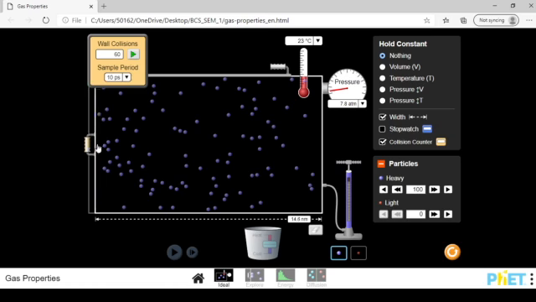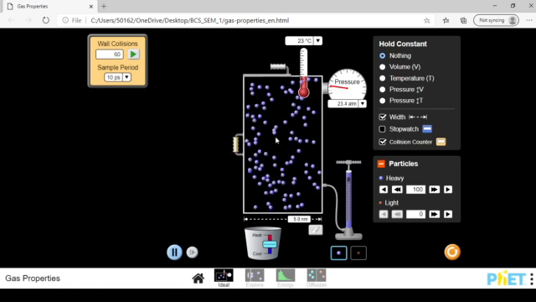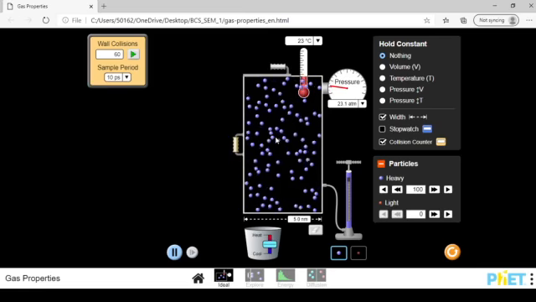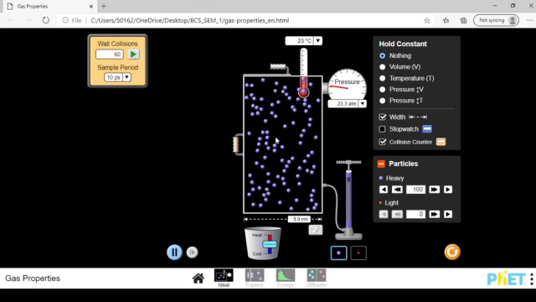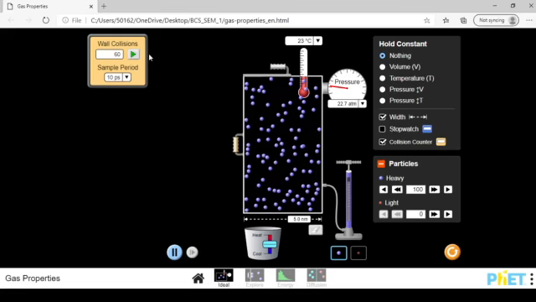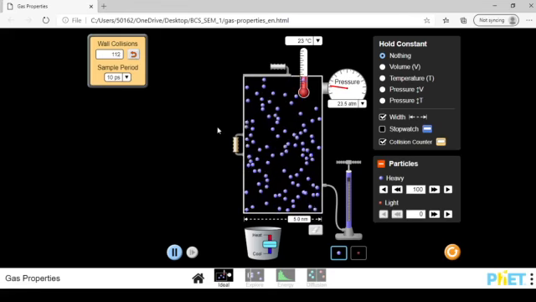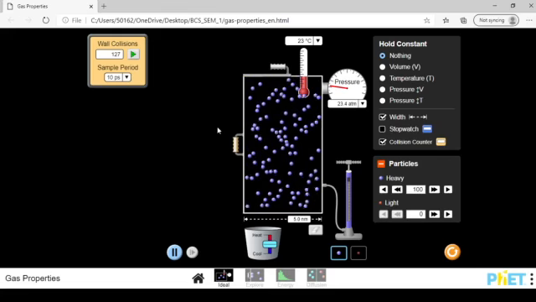Okay, what happens now if I decrease the volume of the container, keeping that amount of particles? Look at the pressure. So I want to decrease the volume to 5. So pressure has increased, temperature we're keeping constant, and the collisions with the walls of the container have also increased. Why?